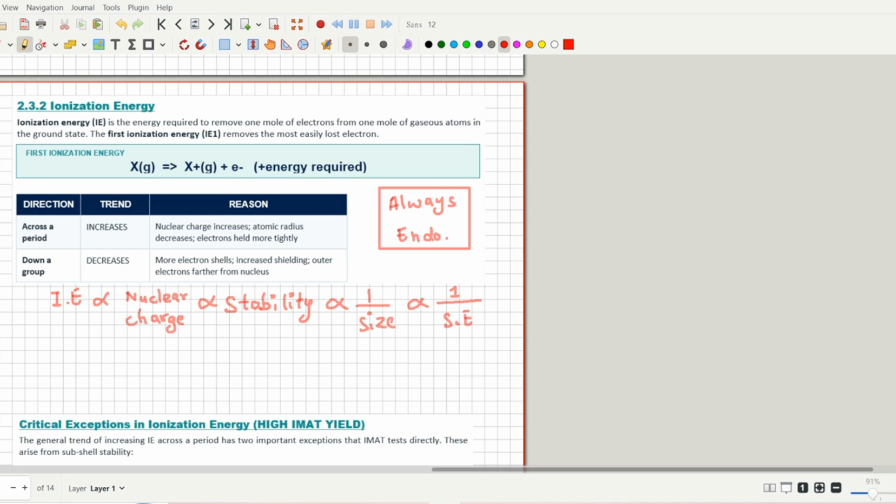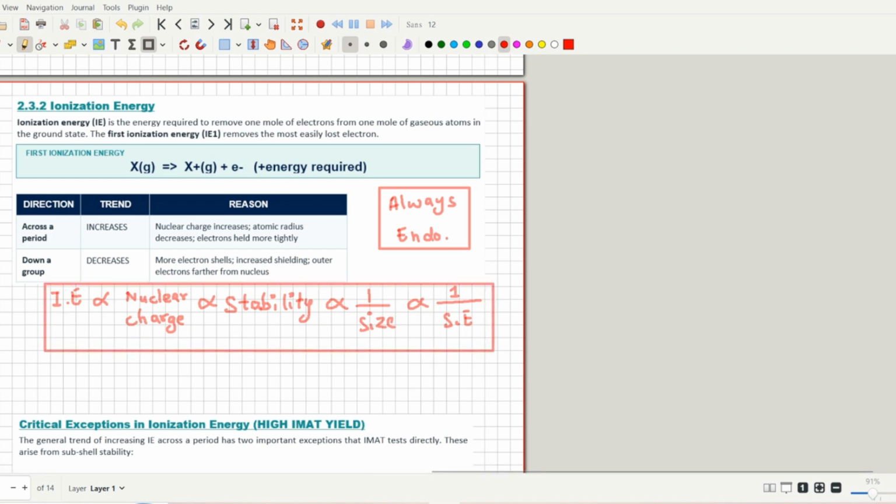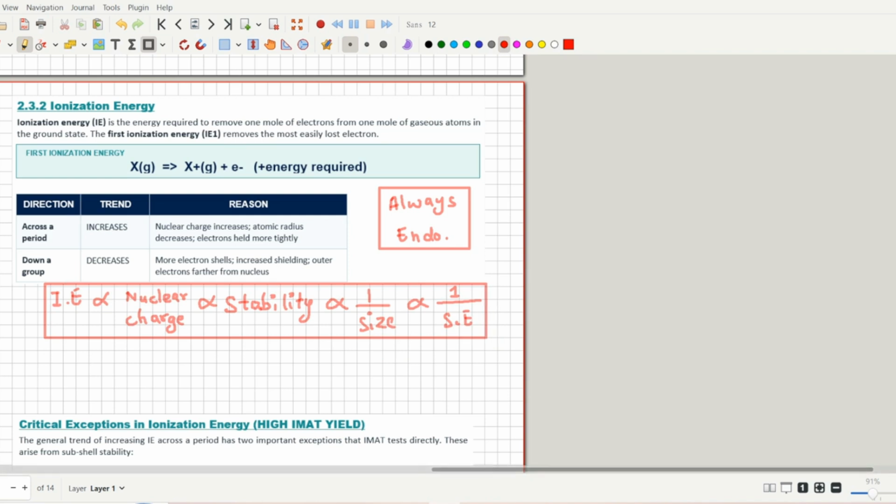Because the shielding effect causes an increase in the atomic radius. If the electrons shield each other, then they will repel each other and the atomic size will increase. When the atomic size increases, the ionization energy decreases. So these are all the factors that decide the ionization energy, and let's close them down into a box.